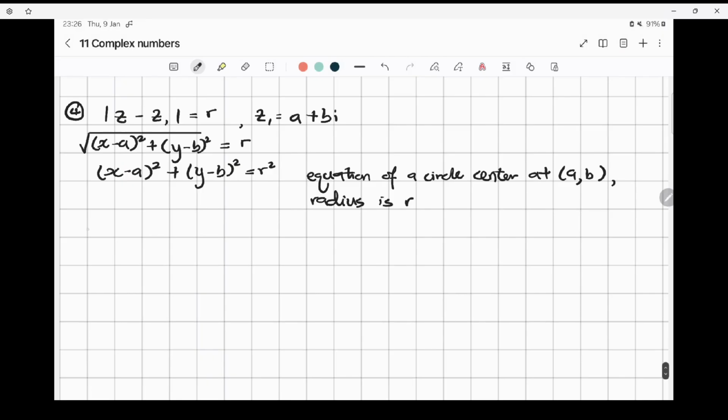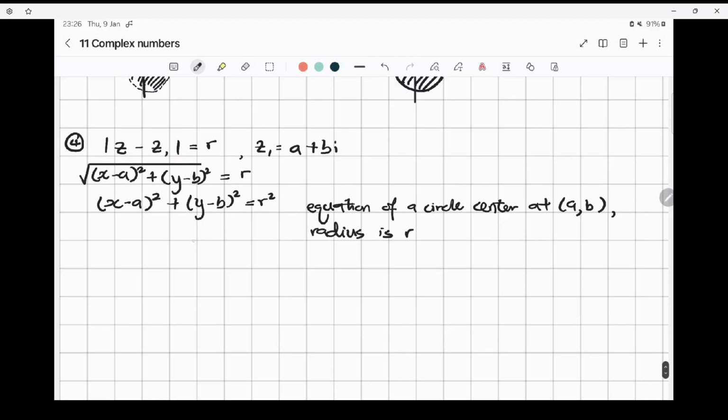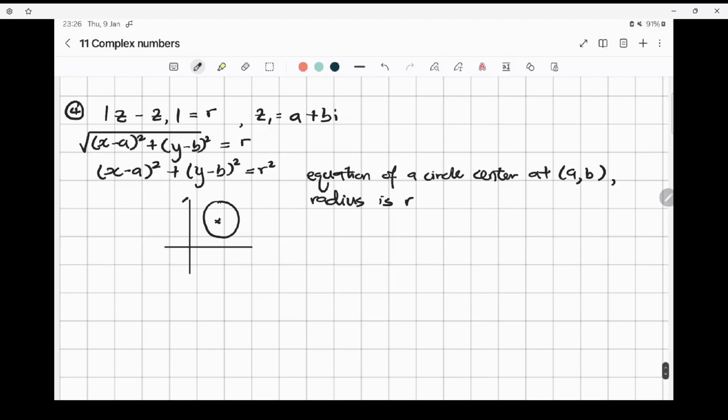So similarly, if you want to draw the diagram, for example, sorry, let me draw it properly. So let's say this is your point (a, b). So this will be the diagram that you need to draw.